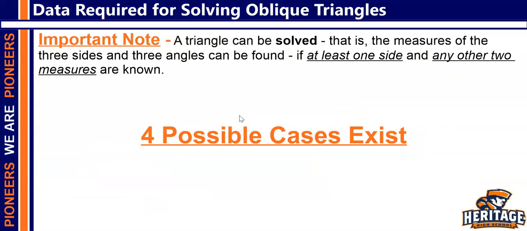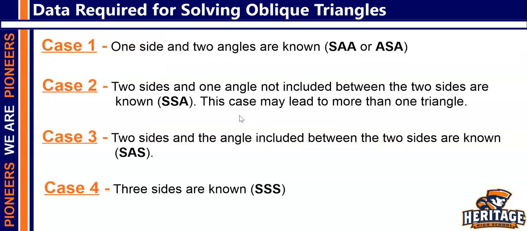And now we're back to introducing the four possible cases. How can you solve one triangle given one side and any other two measurements? Well, here are these cases, and each of these cases or groups of cases will be presented in another video. So case 1 is where you are given a side angle angle or angle side angle. The commonality between those two is that you're given two angles.